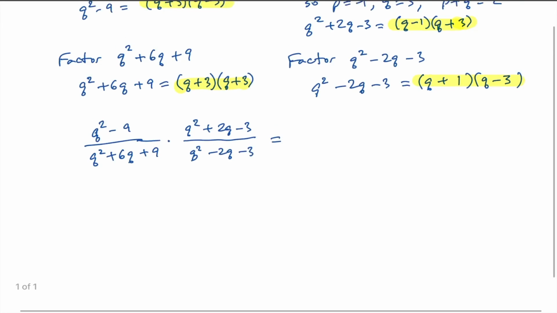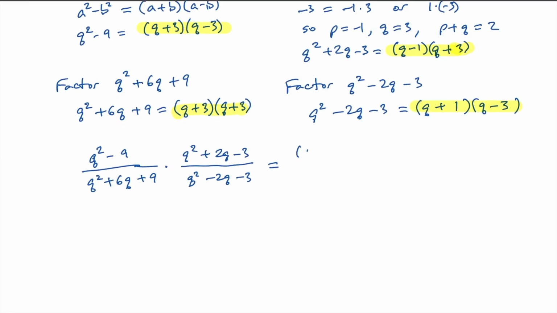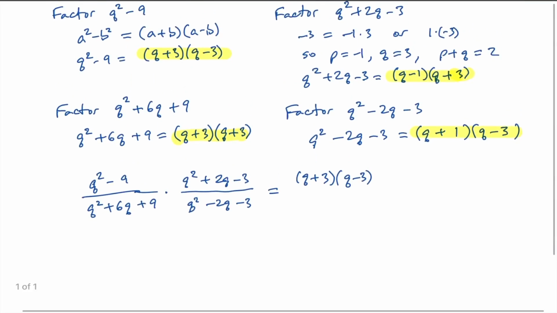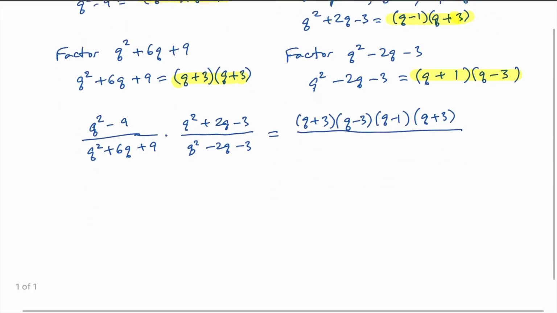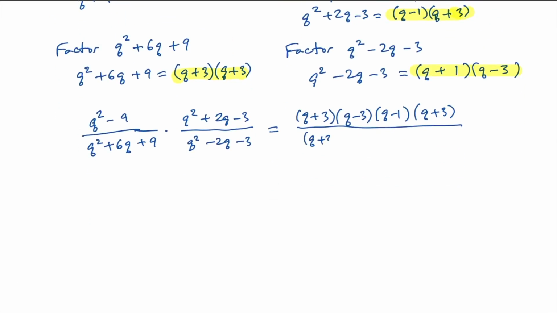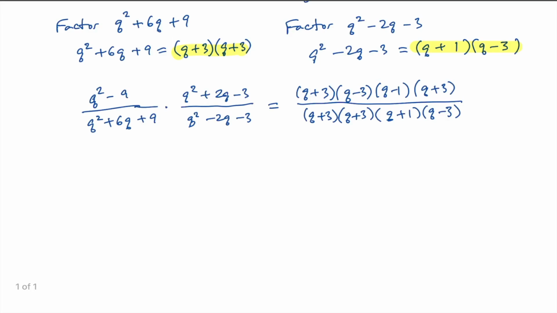Okay, so q squared minus 9 is q plus 3 times q minus 3. And then the other part of the numerator, the q squared plus 2q minus 3, is q minus 1 times q plus 3. For the denominators, we have q plus 3 times q plus 3 and q plus 1 times q minus 3. Okay, and so let's go through and highlight.